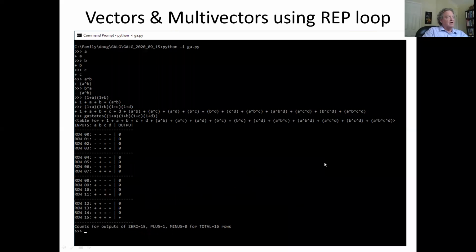What we're going to talk about here is the main file, ga.py. This is the main file that has most everything in it, okay? I'm going to talk about vectors and multivectors. Essentially what you're doing in Python is using what's called a read, eval, print loop. Python is an interactive system in the sense that you can define variables, look at them, do mathematical expressions with them, and run functions with them.